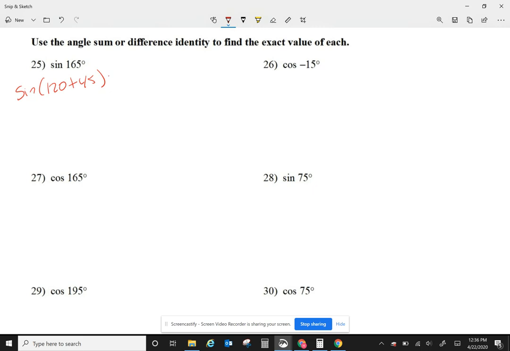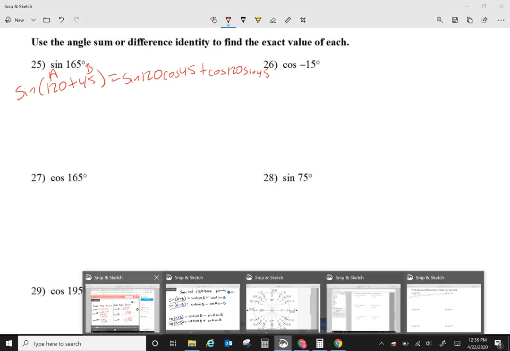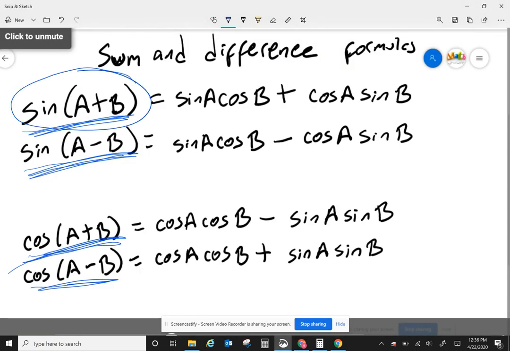So I'm using the sine of A plus B. According to our formula, we have sine of 120 times cosine of 45 plus cosine of 120 times sine of 45. You notice I'm using 120 as my A, 45 as my B, according to our formula. And when I say according to my formula, I'm looking at this one.